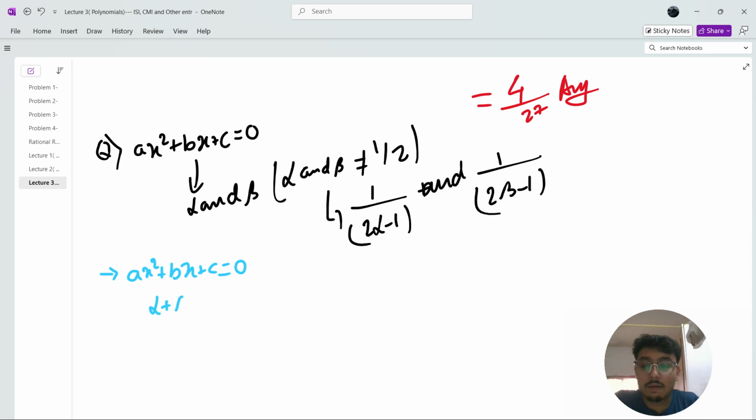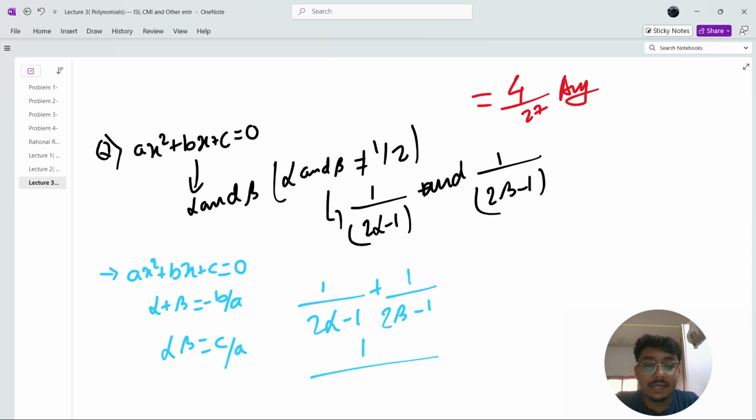So again, alpha plus beta is minus b by a by the relations, and alpha beta is c by a. We need 1 by 2 alpha minus 1 plus 1 by 2 beta minus 1, and 1 by 2 alpha minus 1 into 2 beta minus 1. This is basically the product of both the roots. I am just combining the numerators and writing.